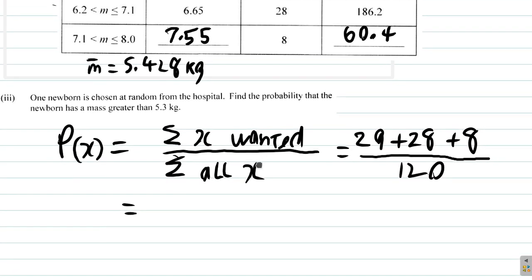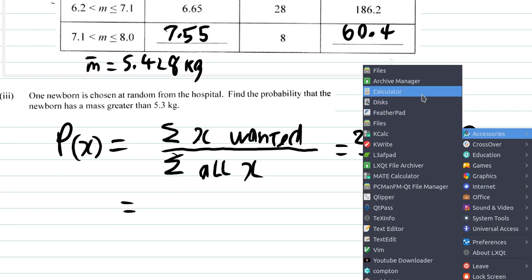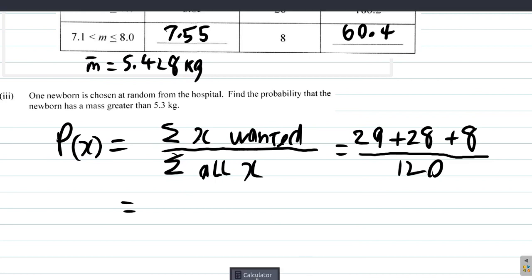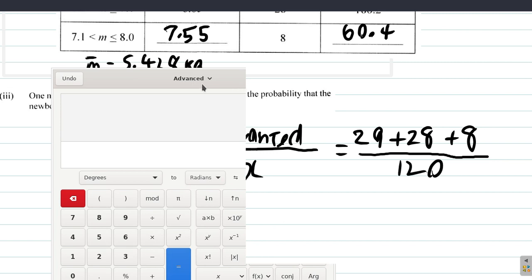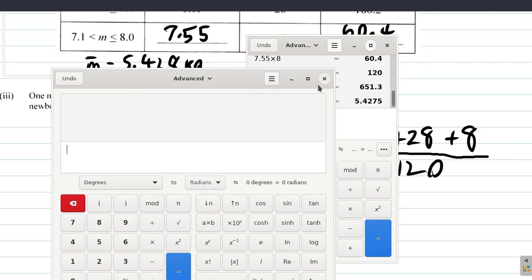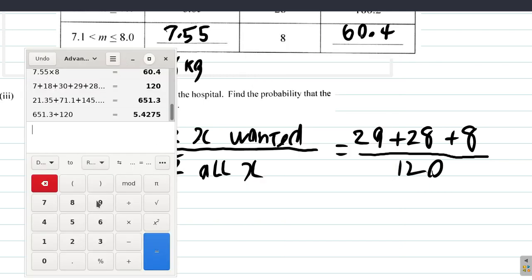So what do you have now? Let's just use our calculator and work it out. So what we have here is 29 plus 28 plus 8 equals 65.